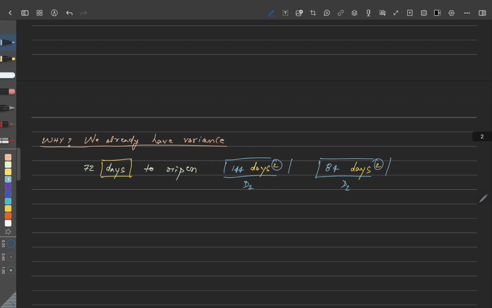So let me write: variance amplifies larger deviations. The unit becomes squared now.